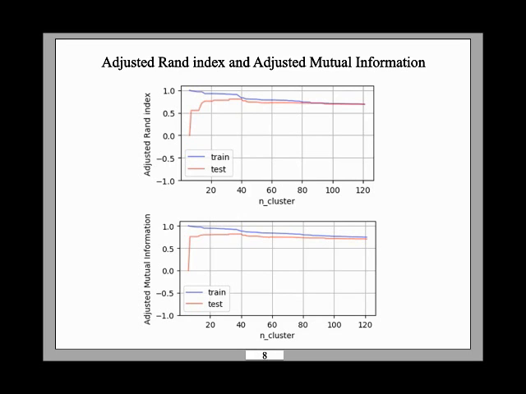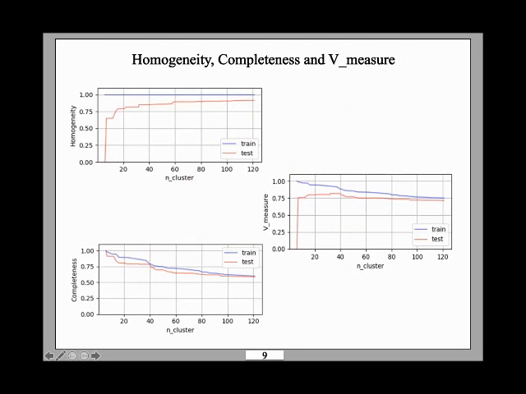The ARI is based on pair counting and the AMI on Shannon information theory. The ARI and AMI results show positive values close to 0.8, 0.9 for the number of clusters of 12 or more.